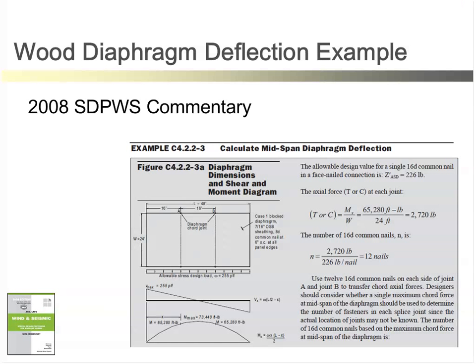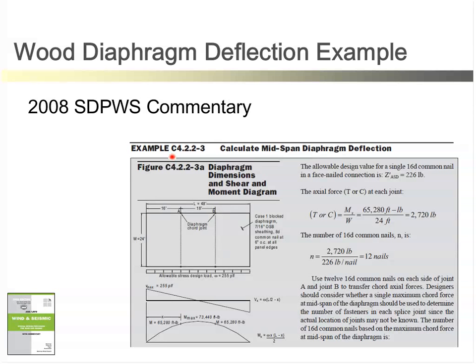We're going to jump now to the example that's spelled out in the commentary to the wind and seismic standard. Again, trying to cover some of the assumptions that we make. So again, in the commentary, you know that you're in the commentary when the examples are preceded with the letter C. So this is example C4.2.2-3.